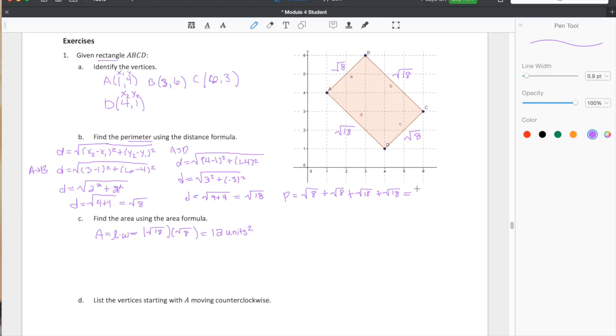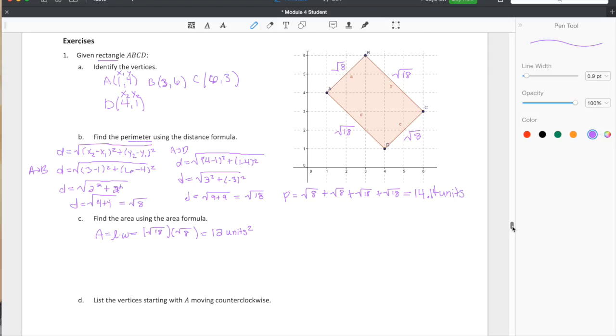And when we add up all of those numbers, we should get 14.14 units.